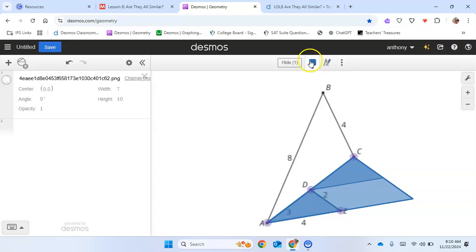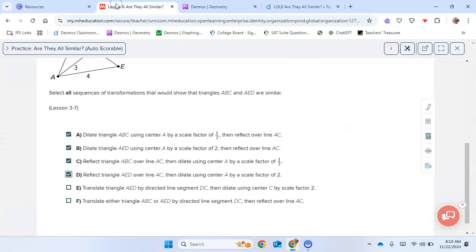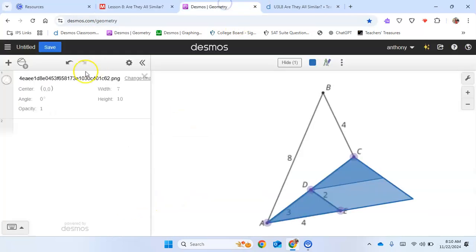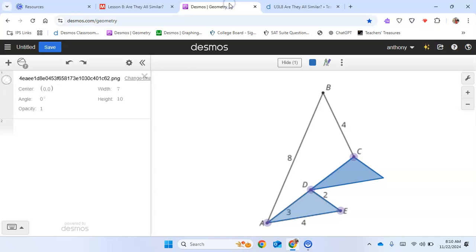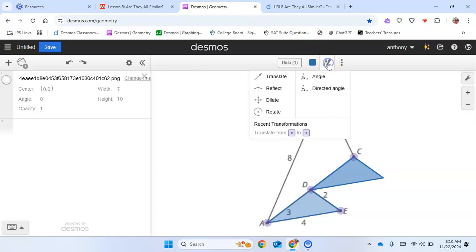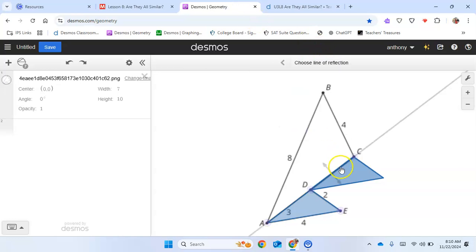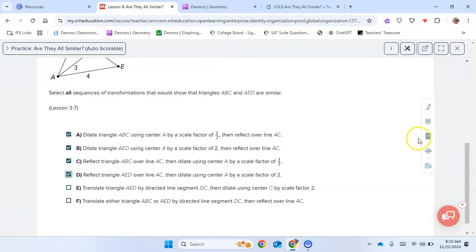Well, that would work if we did one more step, which is reflect, but they did not translate either triangle ABC or AED by a directed line segment. Then reflect over AC, and you can see that would work also if we dilated, which they did not.